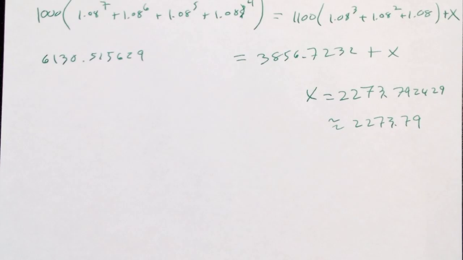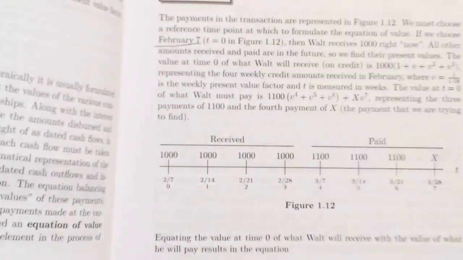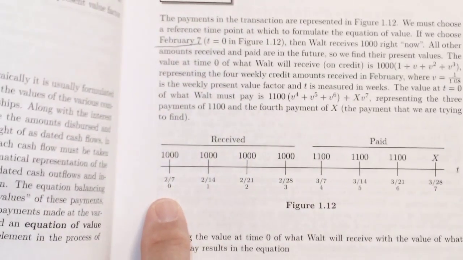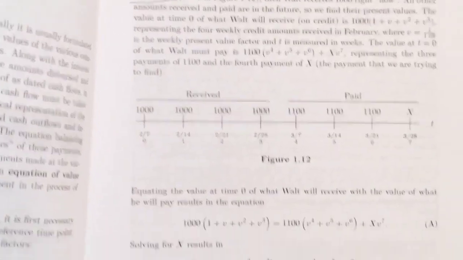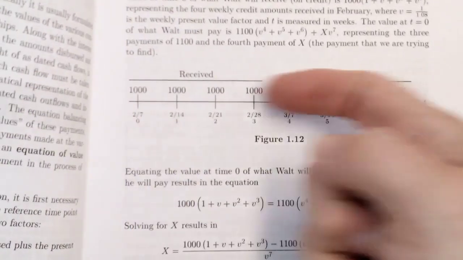Questions? So for this, we can pick any point as well. As a matter of fact, here in the textbook on page 23, they did this first payment with a valuation date here at February 7th, right? So notice that means they have to bring everything back.